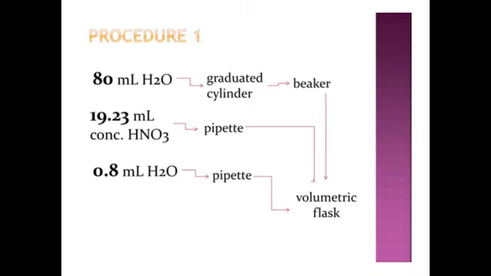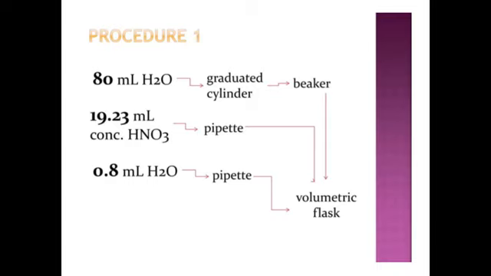Then you measure 19.23 mL of conc HNO3 using a pipette. You pipette it into the volumetric flask, and then you are still left with 0.8 mL of water.